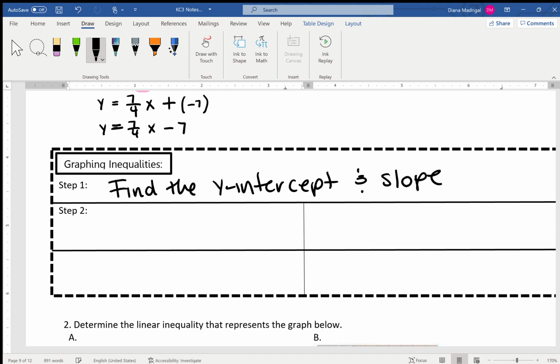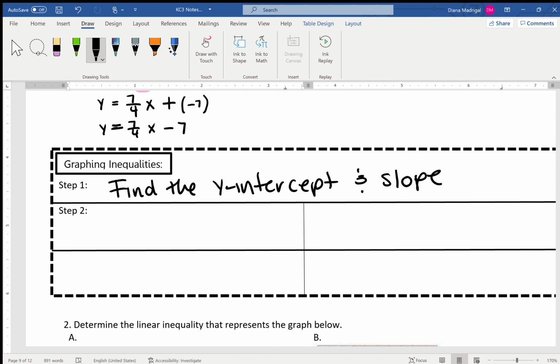To write those inequalities, we need to find the y-intercept and slope. It's the same thing as we did for the warm-up. We're going to have to write that equation, but the difference is that instead of writing an equal sign, we're going to be writing those inequality signs.